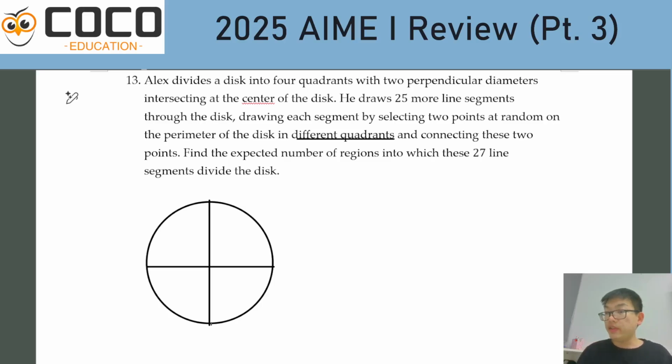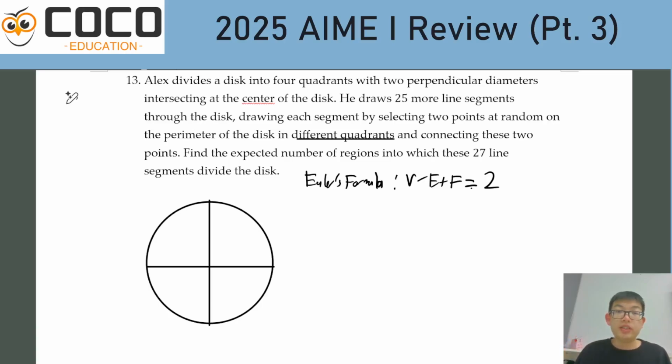The way in which I would do it instead is our very famous Euler's formula, which applies both to polyhedra as well as to planar graphs. Now, the formula is v minus e plus f equals 2, where v, e, and f are vertices, edges, and faces, or regions.